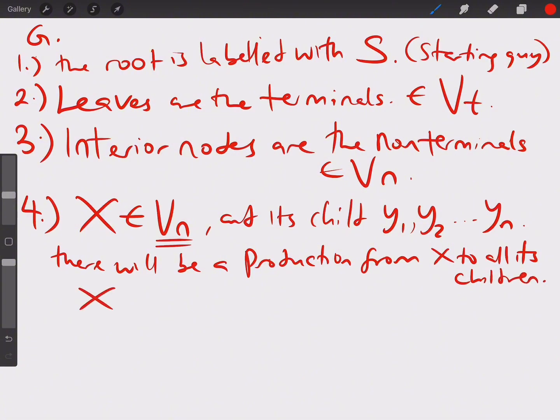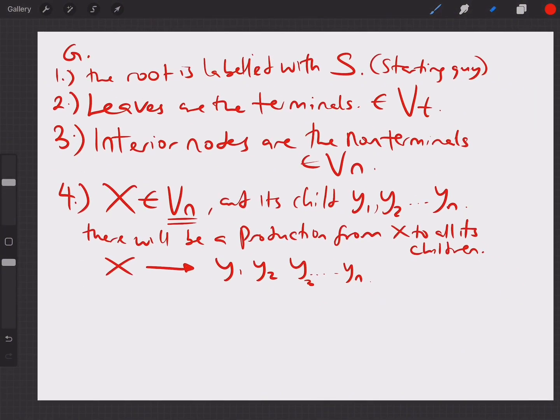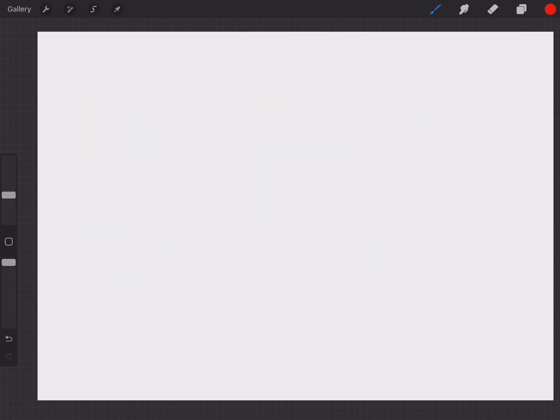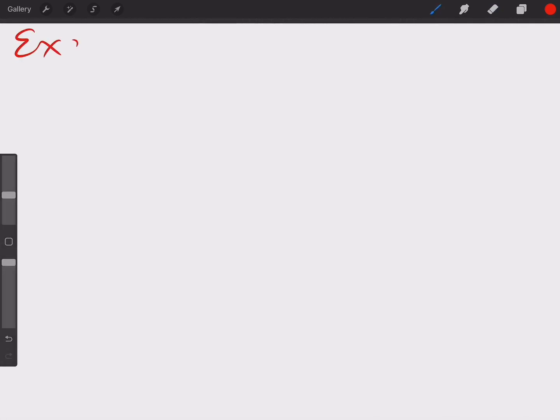You understand? Since X is on the left and the children are on the right. So how does this look in an actual question?